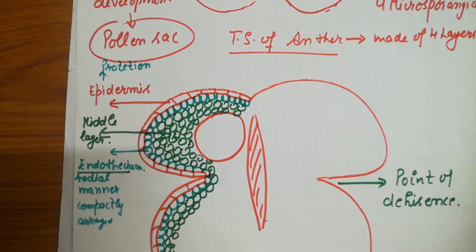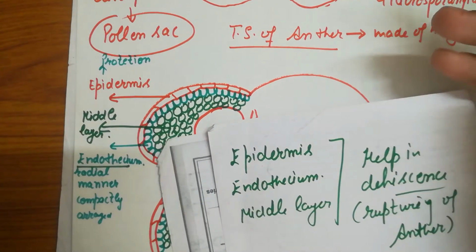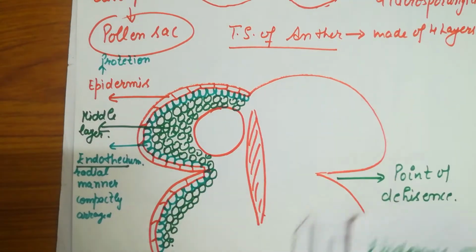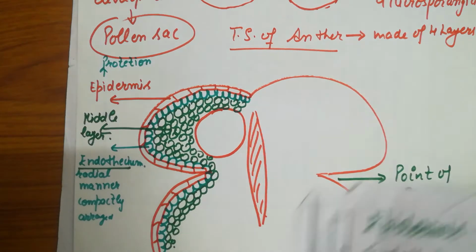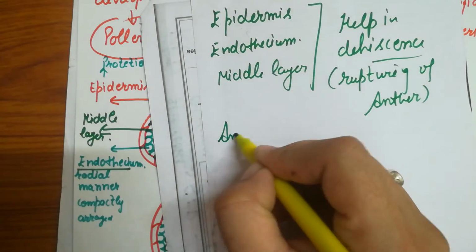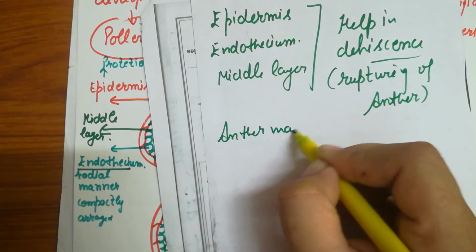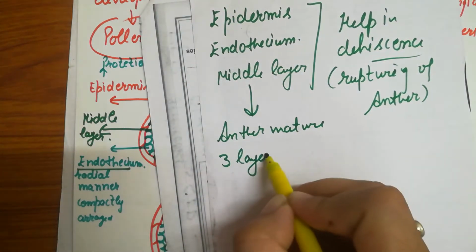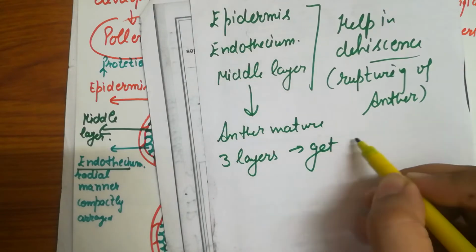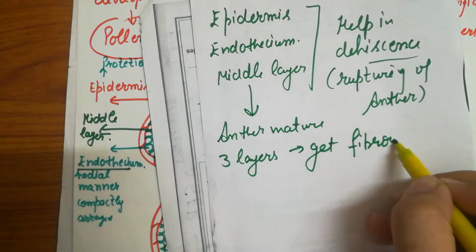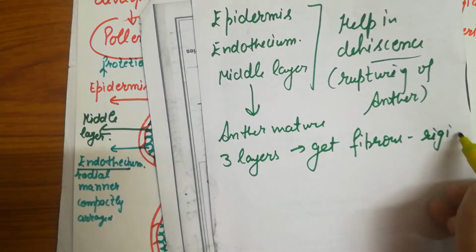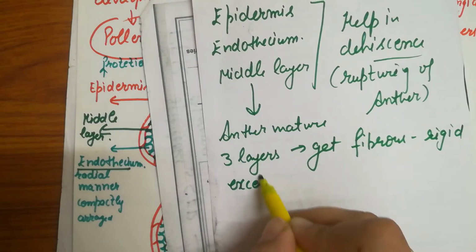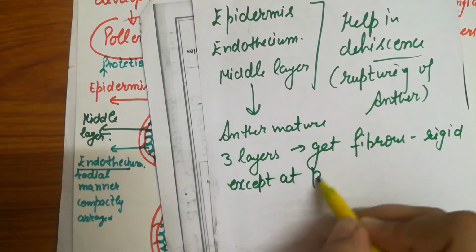Actually what happens is, this is the point where the anther ruptures. When the anther matures, all three layers become fibrous. Fibrous means they become very rigid, except at the point of dehiscence.